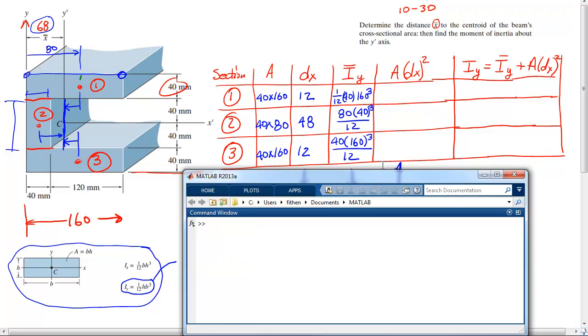Here's the MATLAB window. Take the D. Okay, I'm looking at section 1. Square it times. Okay, across there looks to be 40. Wait a minute. Yeah. 40. Hang on.